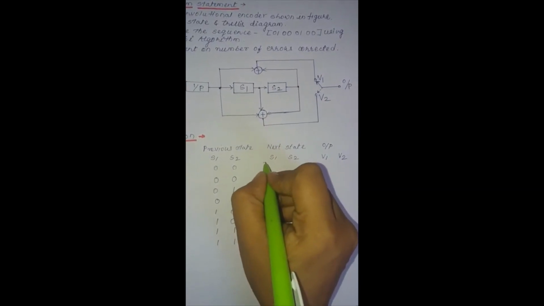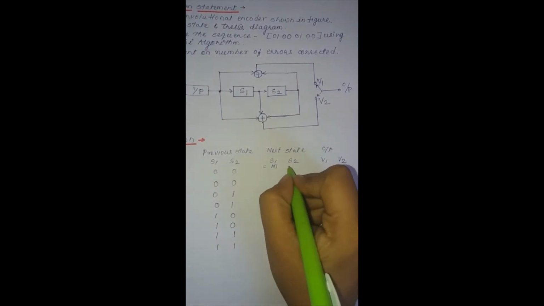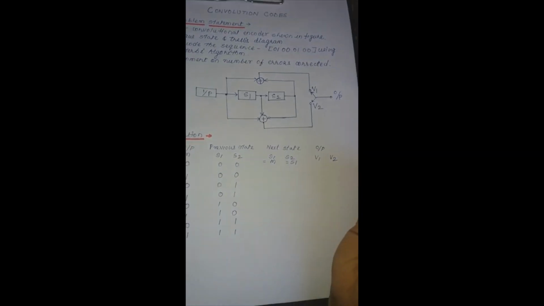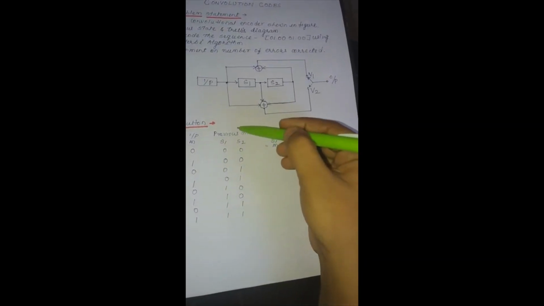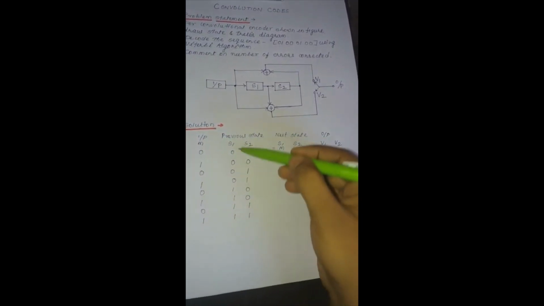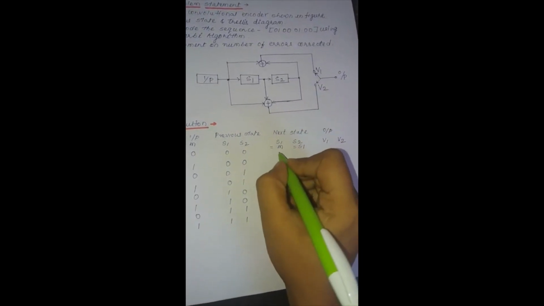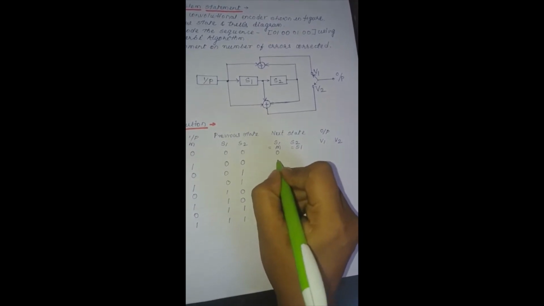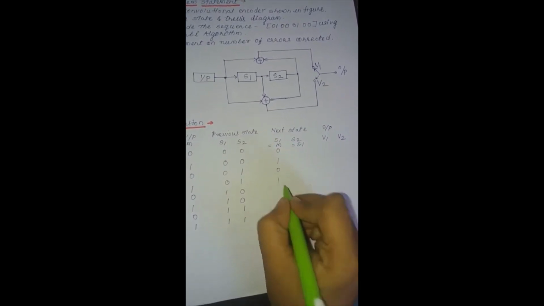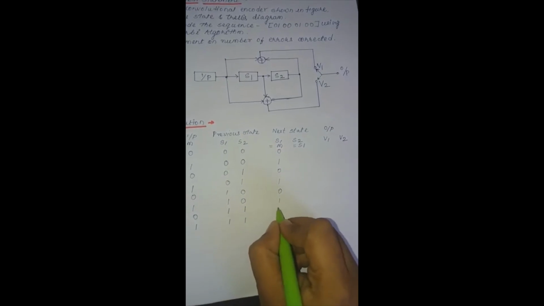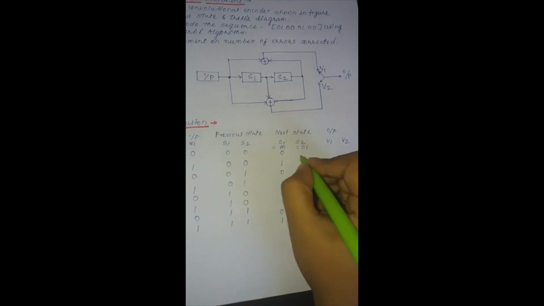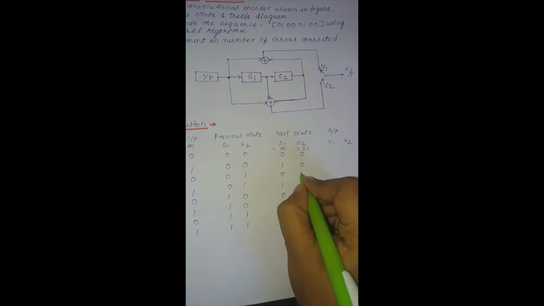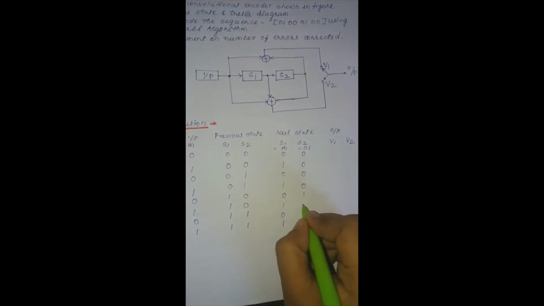So we can say that in the next state S1 is equal to M and S2 is equal to S1, right? So for writing the next state, we just have to simply copy the columns M and S1 below S1 and S2 in the next state. So we'll get the next states as 0 1, 0 1, 0 1, 0 1 and the column of S1 as it is, 4 times 0 and 4 times 1.